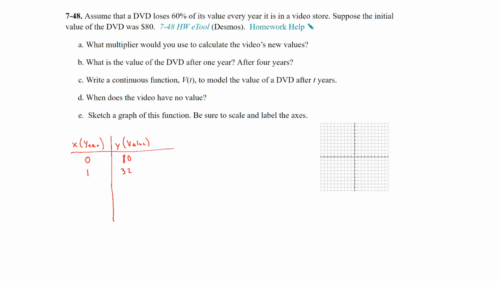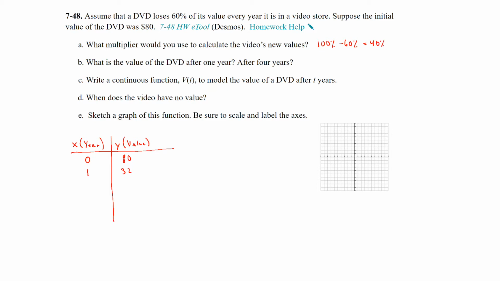So to maybe give you a better idea as to what that multiplier would be if you don't see it right away, I created a table here so you could see what was happening. So the initial value is 80. The first year it loses 60% of its value. So when you lose 60% of your value, you're starting at 100% and you're losing 60%.